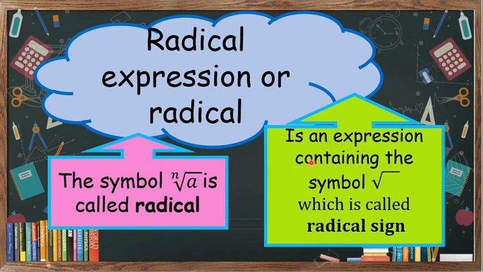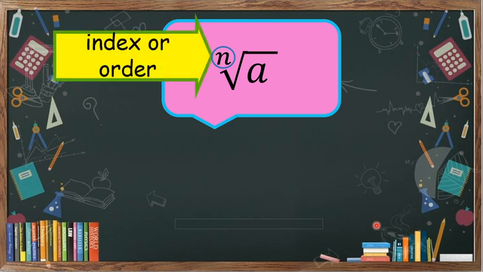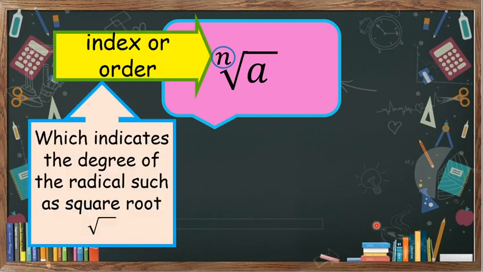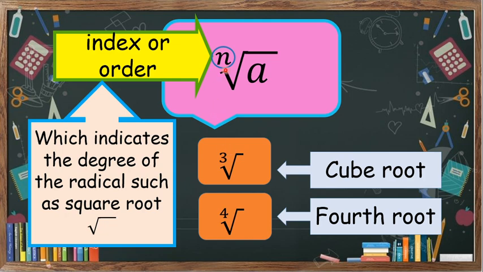Another, it is an expression containing this symbol, which is called the radical sign. Nth root of a: the n here is the index or the order, which indicates the degree of the radical, such as the square root. It can be cube root, fourth root, and if you don't see any number here, if nothing is written in this part, that is called square root because the 2 here is already implied.